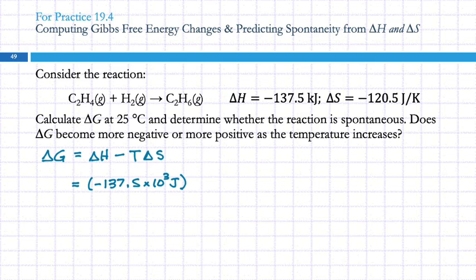So that's delta H minus the temperature in Kelvin, 25 plus 273, 298 Kelvin, times delta S. Delta S is negative 120.5 joules per Kelvin.